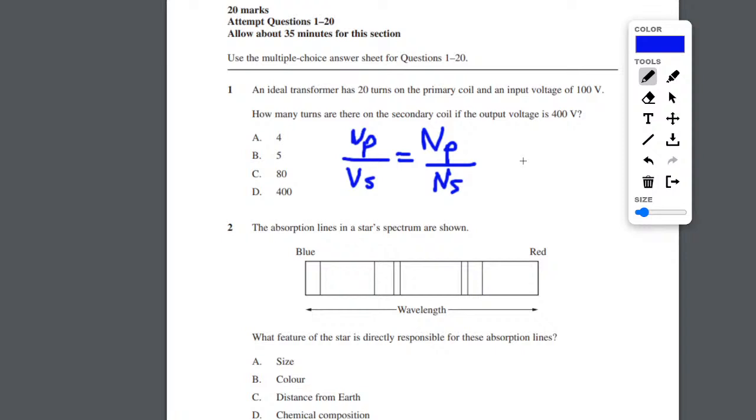And we're trying to find the number of turns on the second. So 20 over NS equals 100, that's the input voltage over 400. So 1 over 4 equals 20 over NS. Therefore, NS equals 80, because times 20 by 4 and times NS onto the other side. That's just basic algebra.